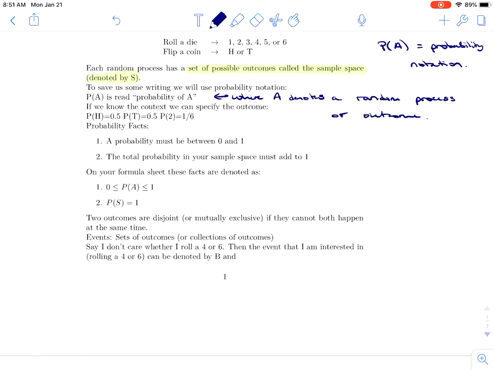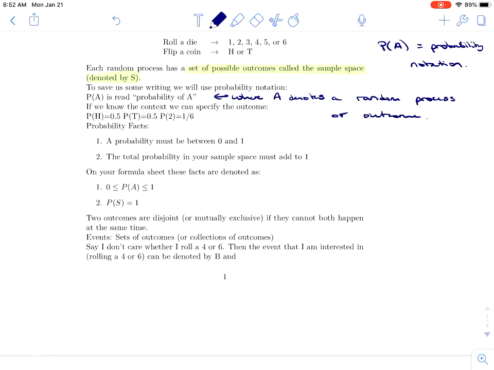It just means that these 2 things can never happen at the same time. For example, you flip a coin: heads and tails are disjoint, because if you flip a coin once, you can only get 1 of those outcomes. Same thing with rolling a die, you can only get 1 of those outcomes.